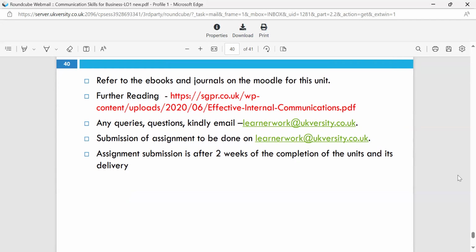We also looked at the barriers to communication, and the legislation around communication, such as the Equality Act, the GDPR, and the Freedom of Information Act as well.